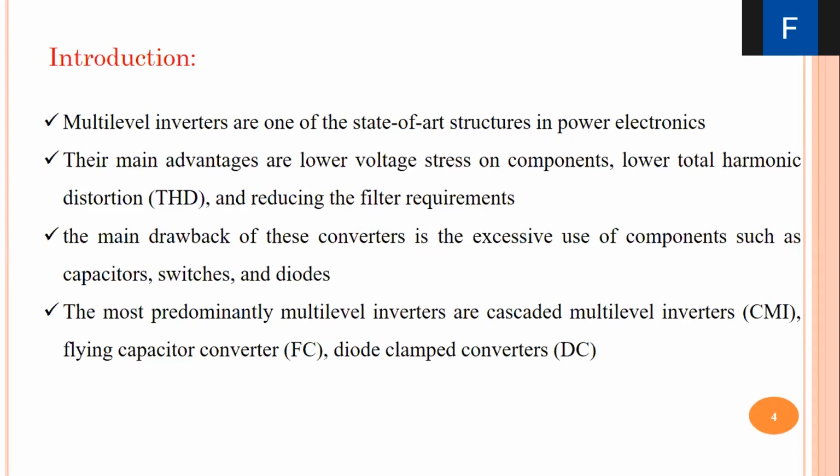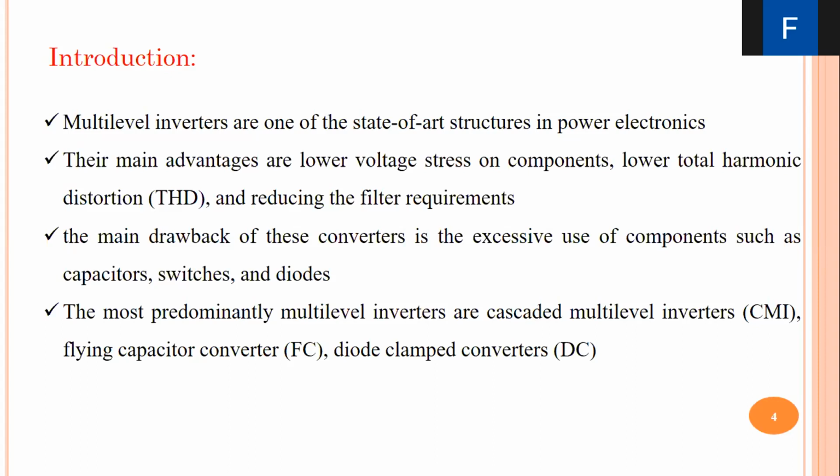But the main drawback of these converters is the excessive use of components, capacitors, switches, and other power electronic devices. The most predominant multi-level inverters are cascaded multi-level inverters, flying capacitor, and diode clamp converters.